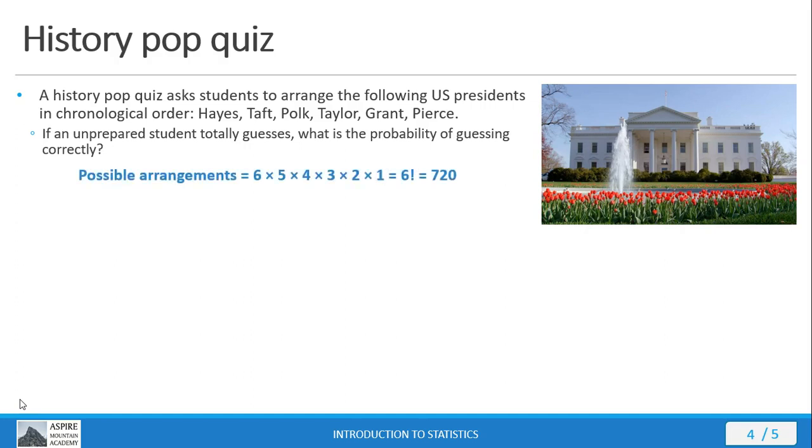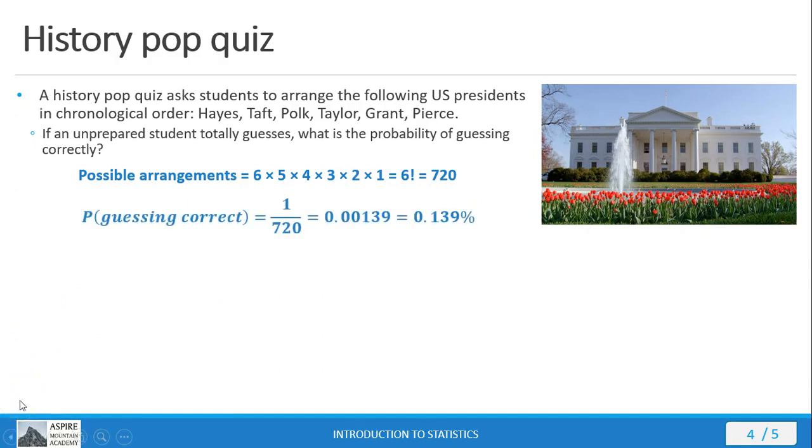Well, the possible arrangements are listed here. So for the first selection that we have, we've got 6 names to choose from. So there's 6 possibilities. Then for the second selection, we've already chosen 1, so there's 1 less. So we've got 5 names to choose from. For the third, we've got 1 less, so there's 4 names to choose from, so on and so forth, till we list all 6. So the total number of possible arrangements is just 6 times 5 times 4 times 3 times 2 times 1, which is 6 factorial, and that equals 720.